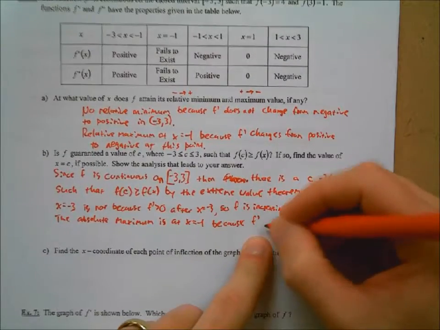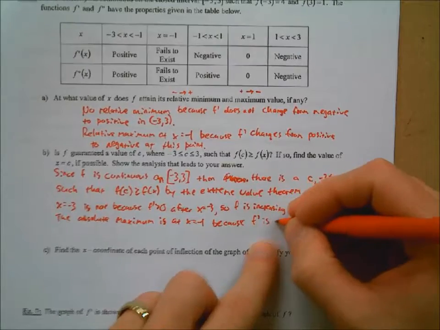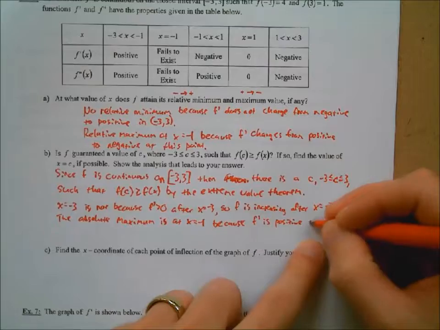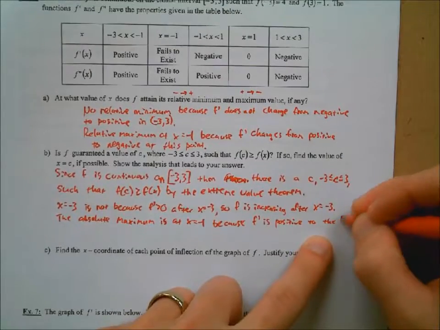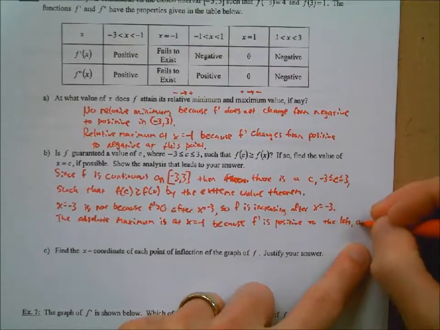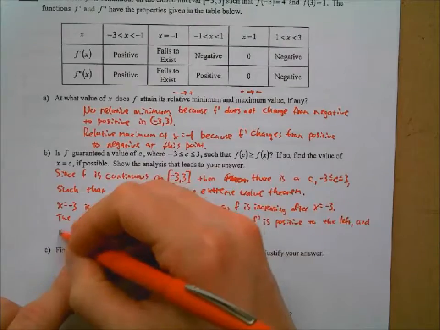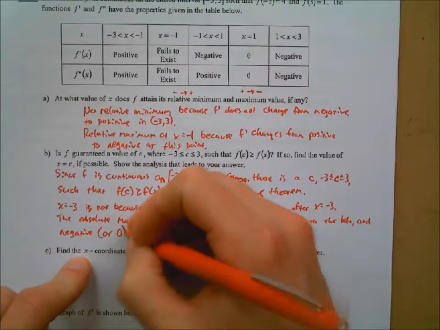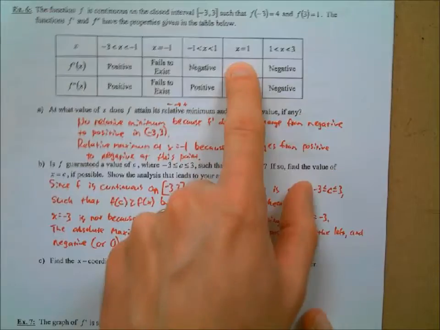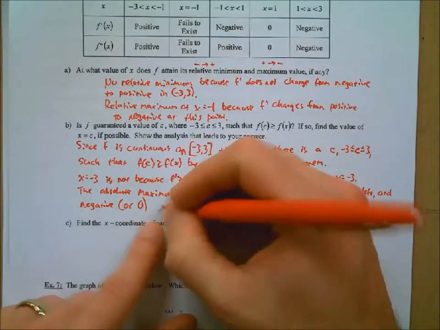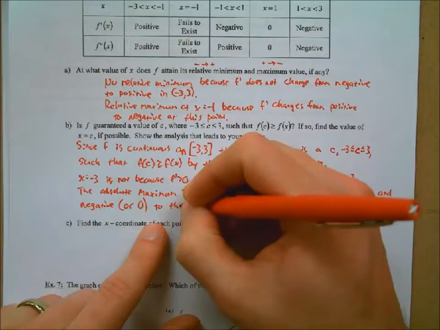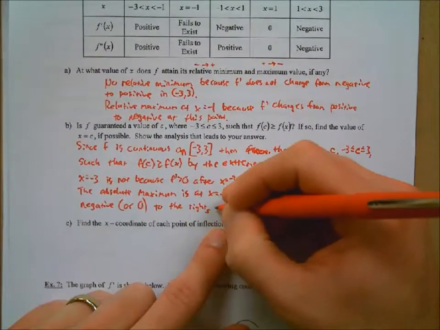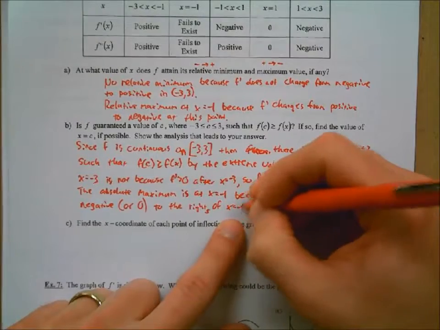f prime is positive to the left and negative or 0, right? Because at the instant of x equals 1, the derivative is 0. So negative or 0 to the right of x equals -1.